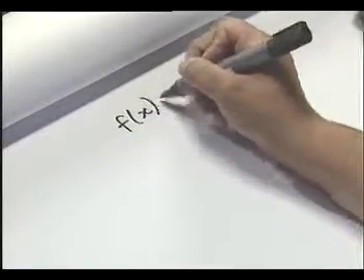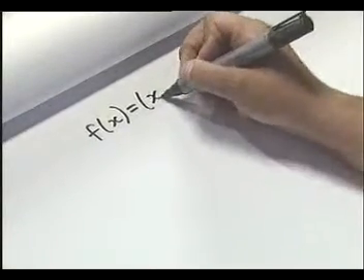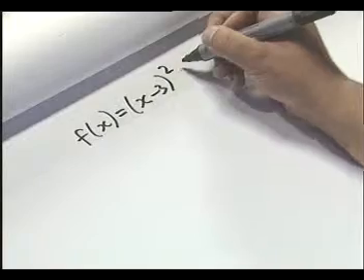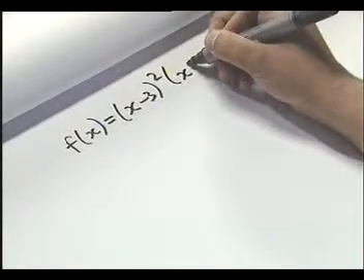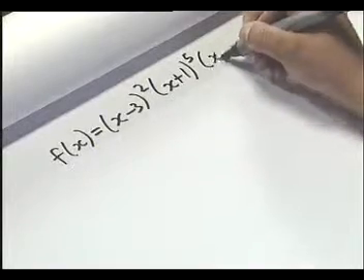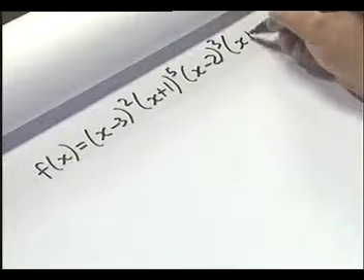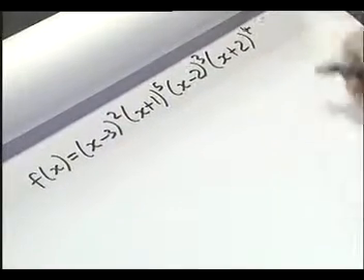For example, if we had f of x equals x minus 3 squared multiplied by x plus 1 to the power 5 multiplied by x minus 2 cubed times by x plus 2 to the power 4.